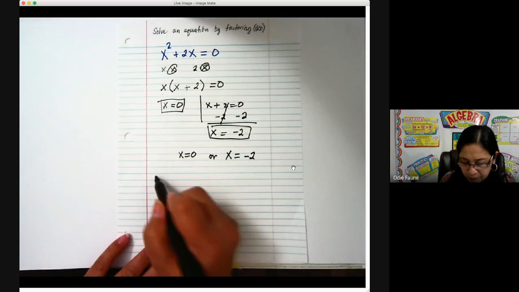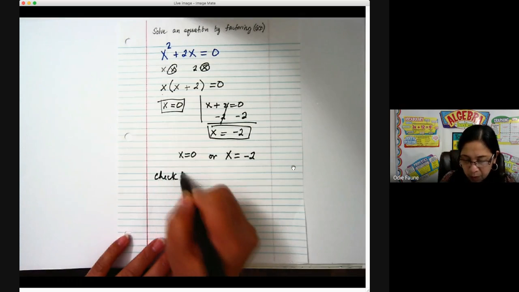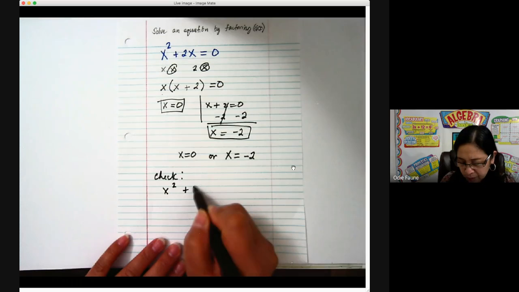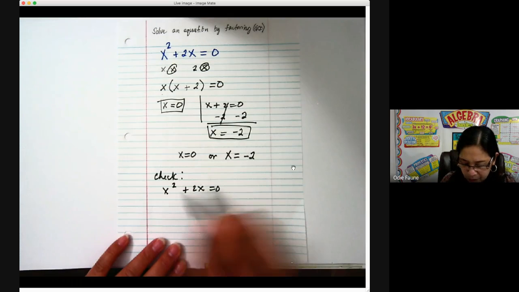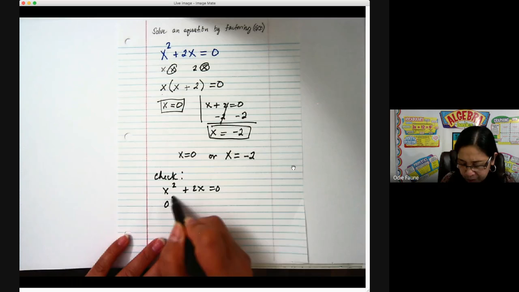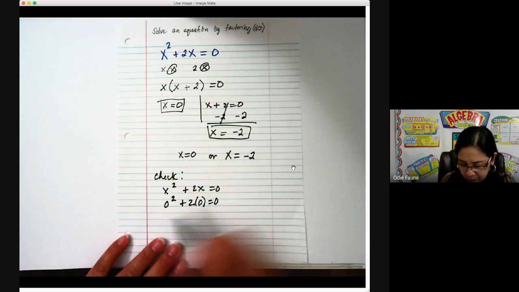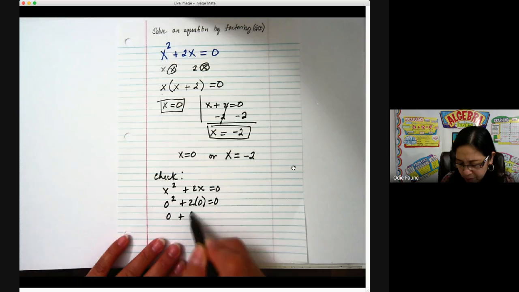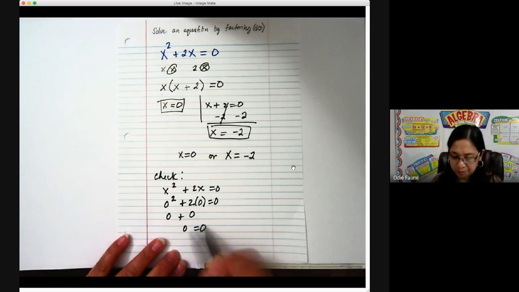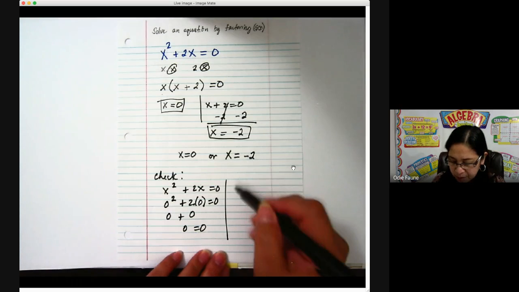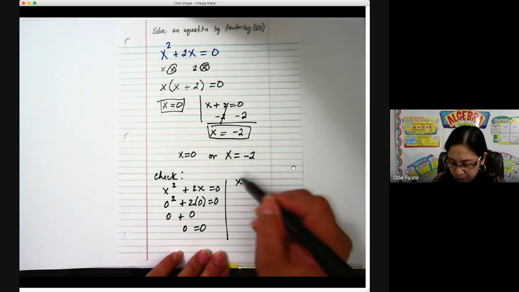How do we check our answer? We plug that into the original equation, x squared plus 2x equals 0. If x is 0, you square that, this is also 0. So we know that that is 0, this is 0, 0 equals 0. Also, we substitute x equals negative 2 into our x squared.